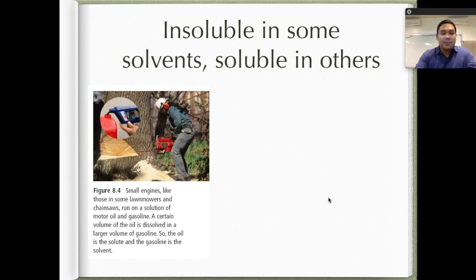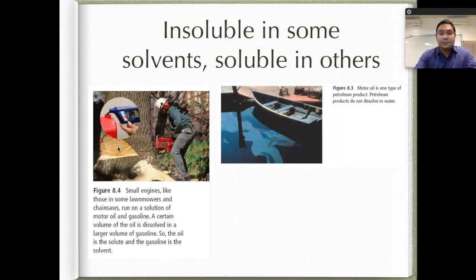Let's say, for example, we combine gasoline and motor oil. Gasoline and motor oil are very important for lawn mowers, and to conserve gasoline, because we all know that motor oil and gasoline are quite expensive, they will create this solution to have a cheaper cost.